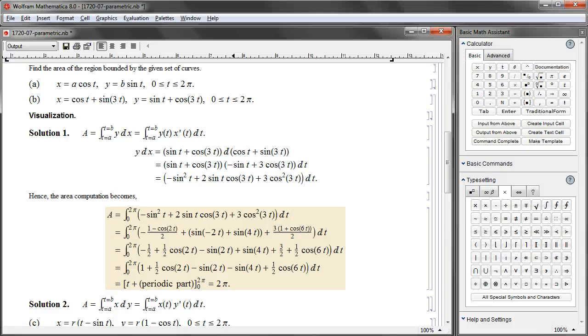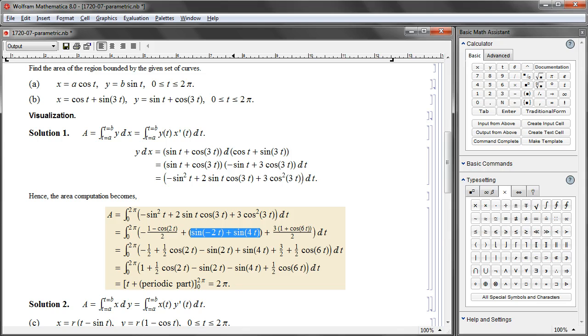But then again, calculating this integral is a very, very tedious thing to do. We have to use the power reduction formula for sine squared, again the power reduction formula for cosine squared, and then sine times cosine, so you can change those into a sum of two trigonometric functions, sine plus sine.